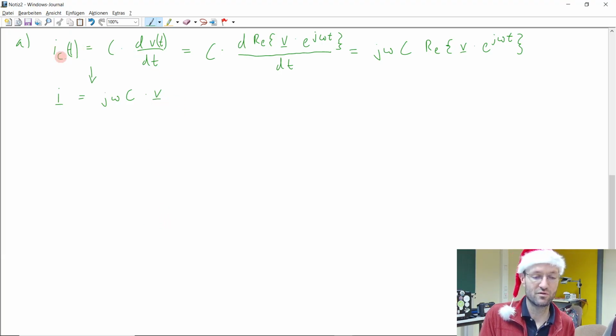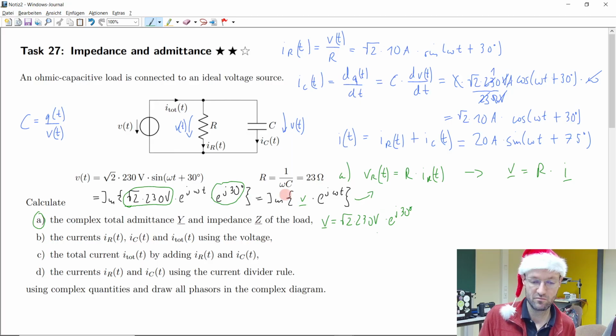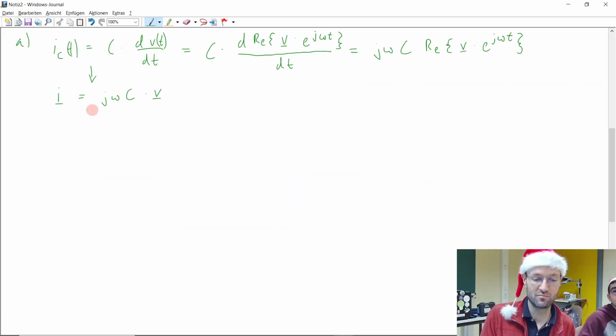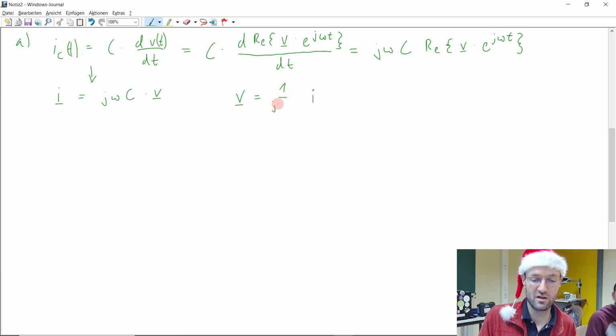So if you would, for the time function of the current, insert what we had before, something like this here, and just check that you get both on the same sides, you would get this. And so now if we write this back into voltage depends on current, then we would get 1 over j omega C.